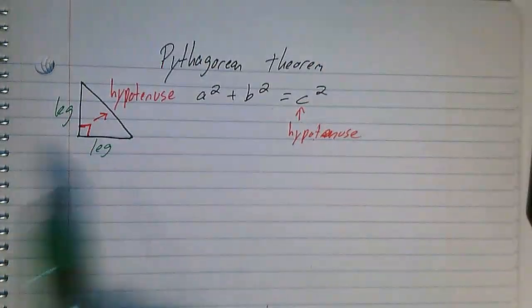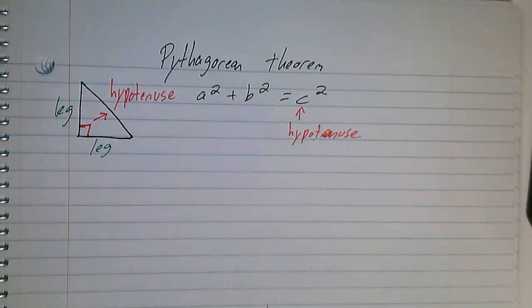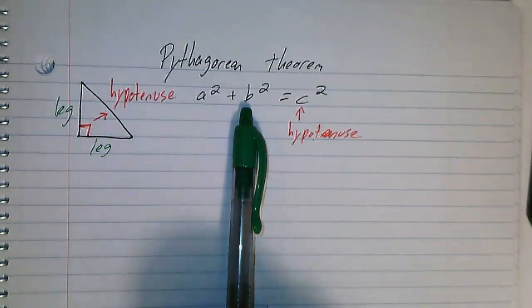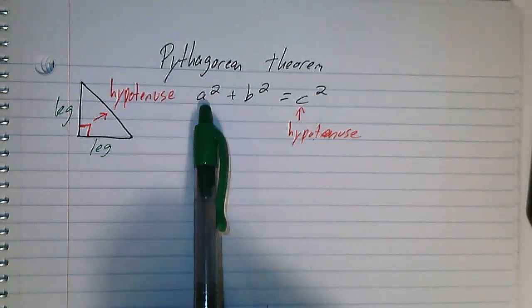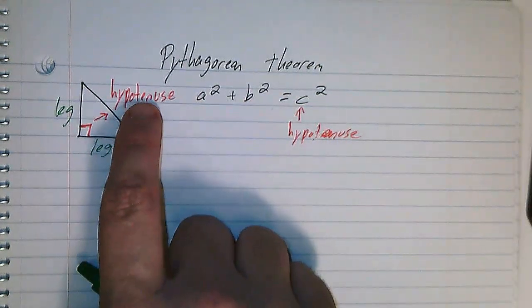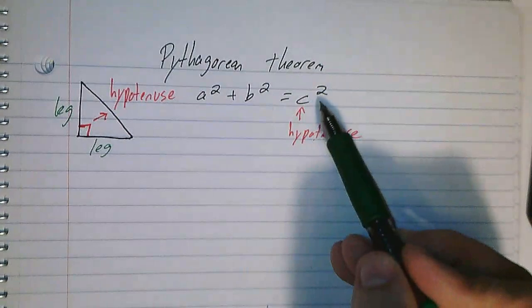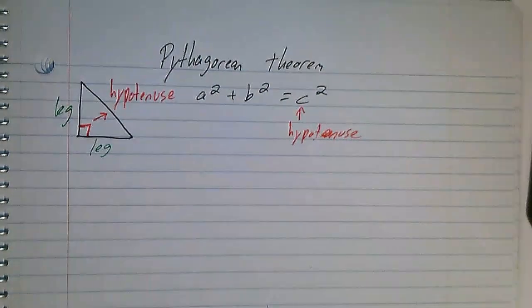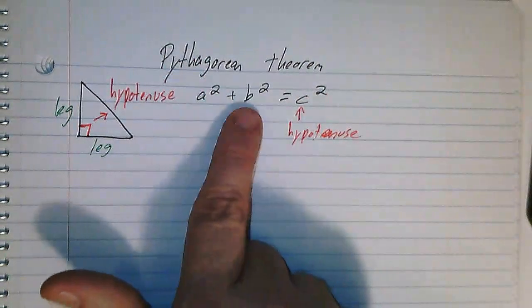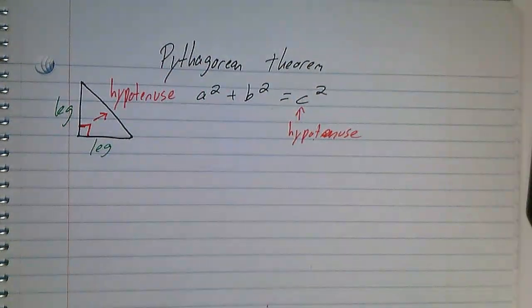And you will see that terminology in Alex. Again, it doesn't matter which one we call A, which one we call B, because it's A squared plus B squared equals, and this is the one that we have to be correct about, C squared, and C is the hypotenuse. So again, the formula, we're talking about squared dimensions.